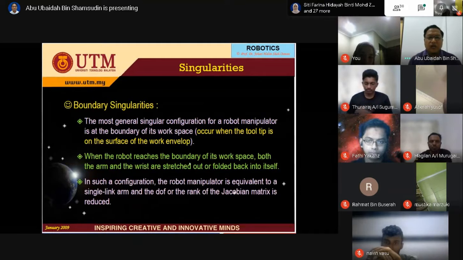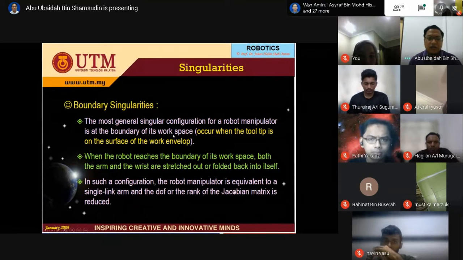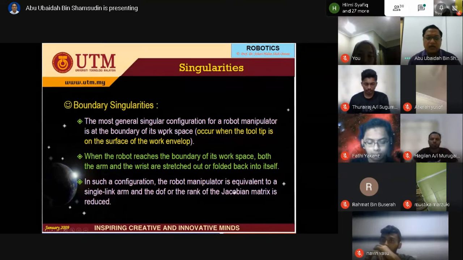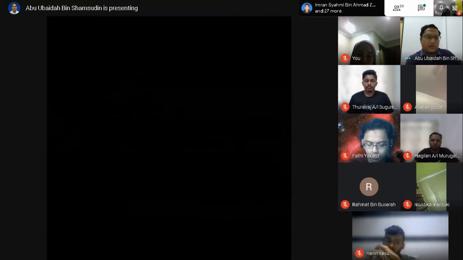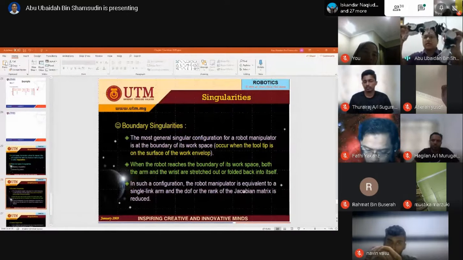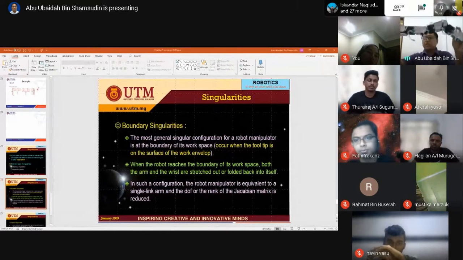Okay. Boundary is the most general singular configuration for a robot manipulator. It is when the tooltip is on the surface of the work envelope. So which means, if this is my robot arm, my robot arm boundary is here.